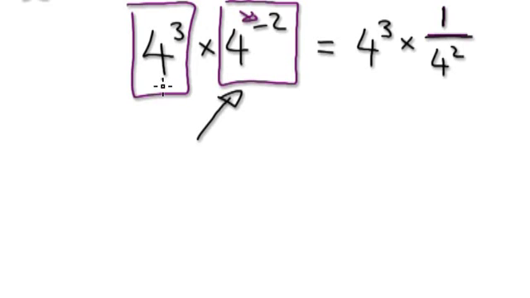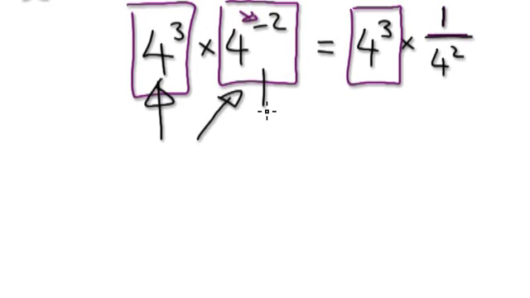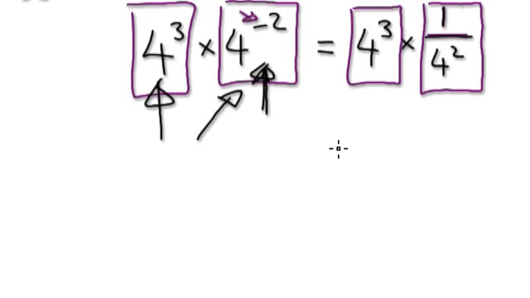Now, this box here is actually this box here, times this box here. Well, this box here is this box here. So the two times each other. Now, when you times a fraction, it gets multiplied to the top. So this thing here will go to the top. Okay.